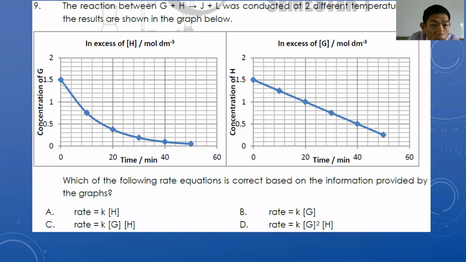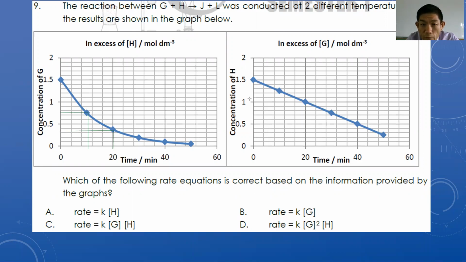So initial concentration 1.5, half-life is 75, so this is about 10 minutes, and then the other half-life after 0.75 is 0.325, which is somewhere here. So the first T half is about 10 minutes. The second T half is about 20 minutes. So it is first order with respect to G.